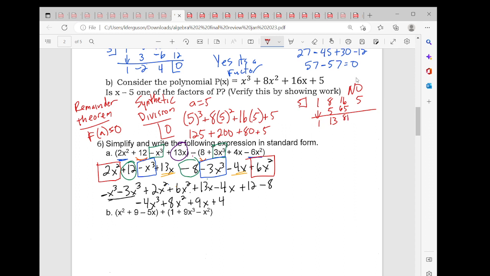And then 5 times 81 is 540. So that says I have a remainder of 410. Because that's not 0, that means no, it's not a factor. So you got a couple ways you could show.